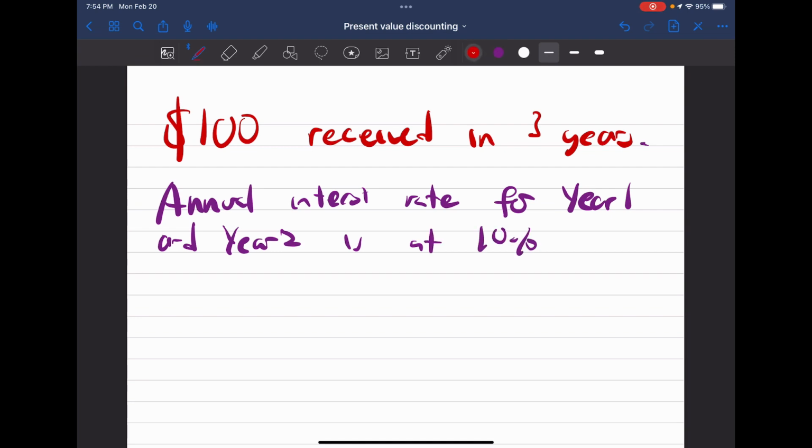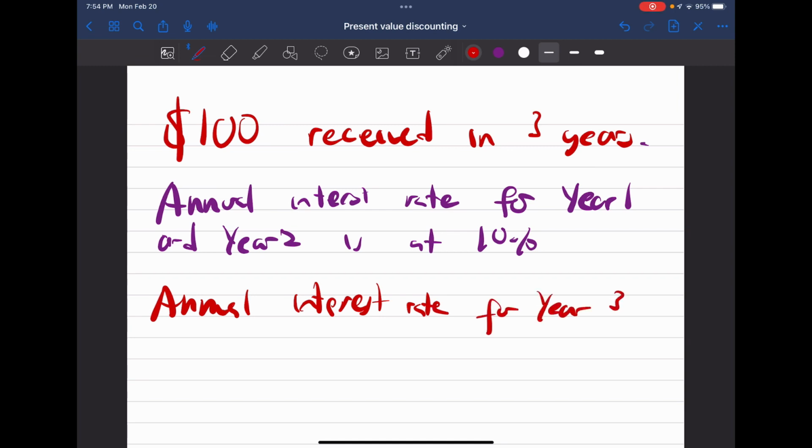And let's spice things up a little, and we say that the annual interest rate for year 3 is at, let's say, 8%.